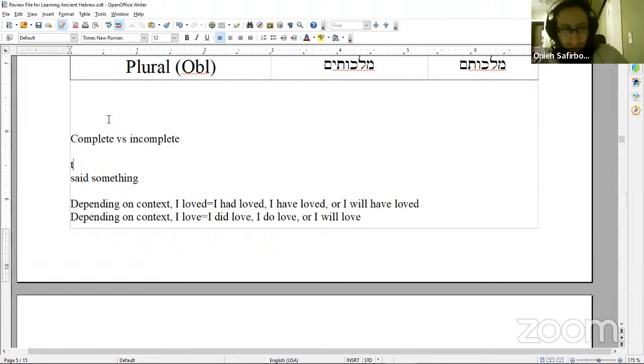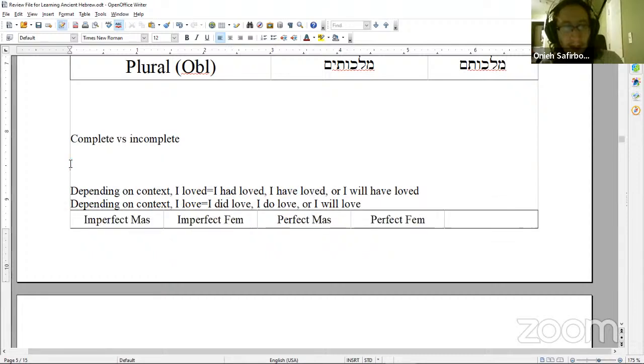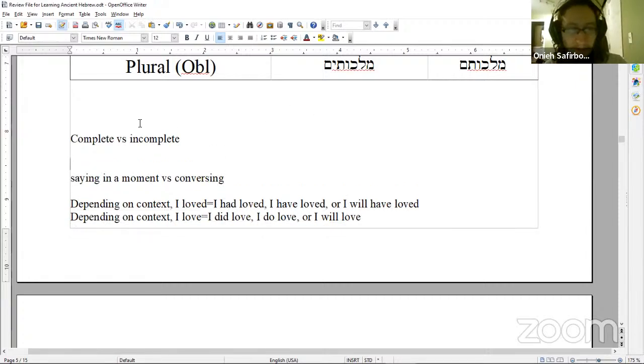Whereas incomplete is talking about something, an ongoing thing, conversing about something. So saying in a moment versus conversing would be the distinction.